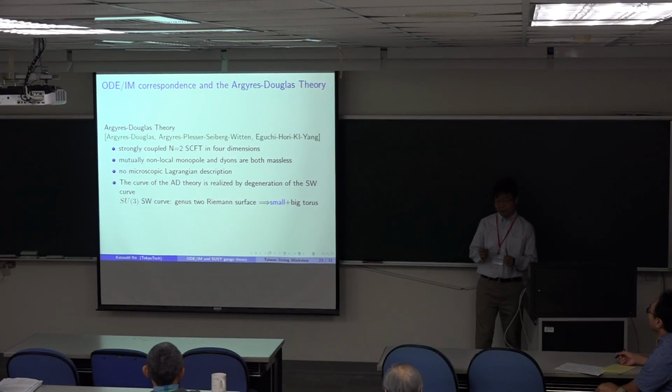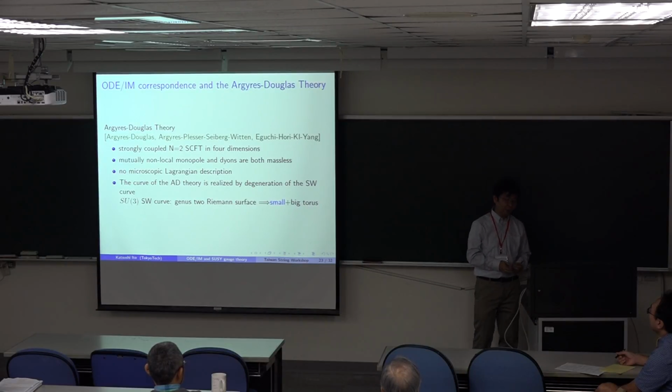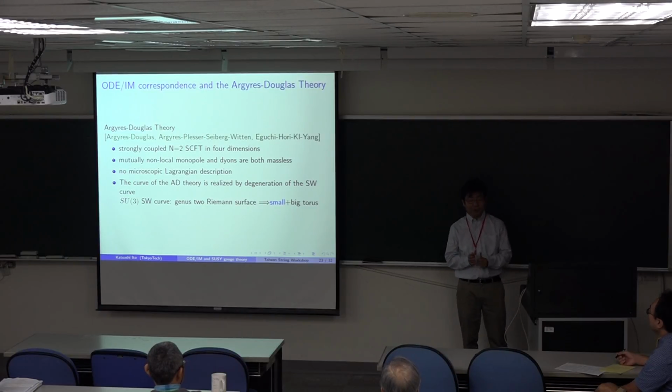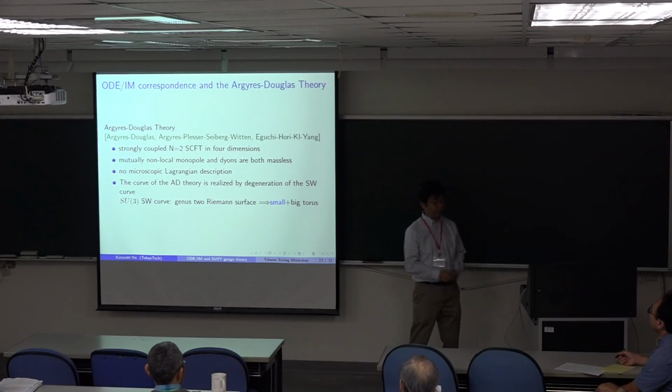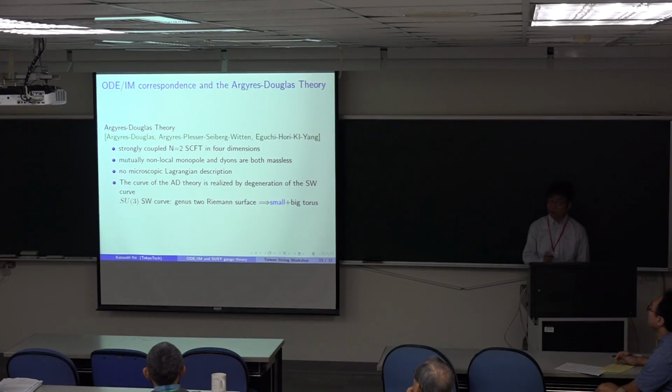But we can decompose it into two tori. One torus is going to be very small compared to the other torus. The BPS spectrum associated with the small torus gives massless BPS states, which are mutually non-local to each other. That will give the Argyres-Douglas theory. So this is a very typical example studied in 1997.